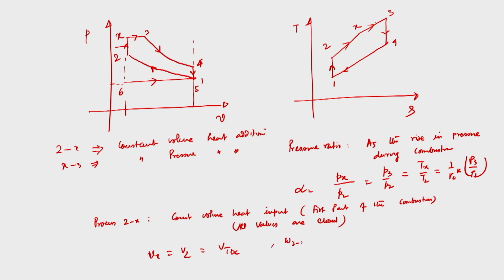What is W2 to x? For constant volume it is 0. But what is Q2 to x? Q2 to x is equal to Cv into Tx minus T2, or specific q2 to x is equal to Cv into Tx minus T2, that is Ux minus U2.